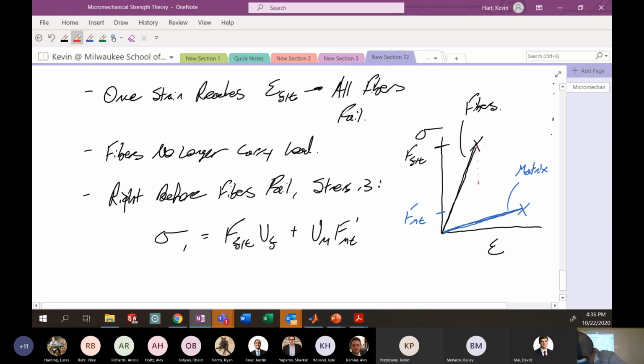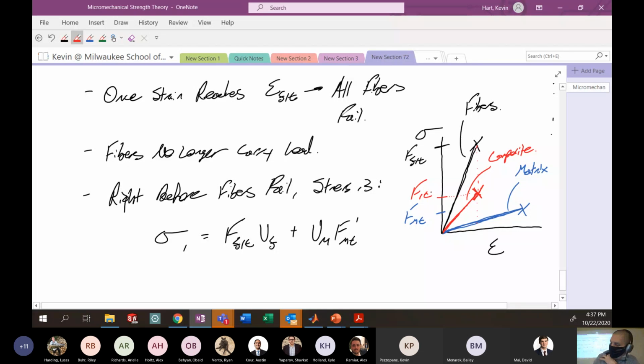Okay, so we're going to have a little bit higher stiffness. And we know that the composite fails when the fibers fail. This value here is F1T.